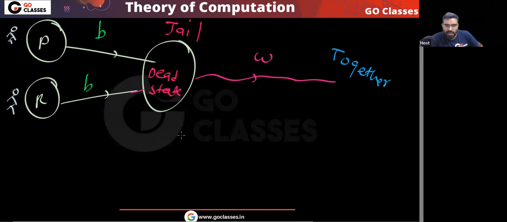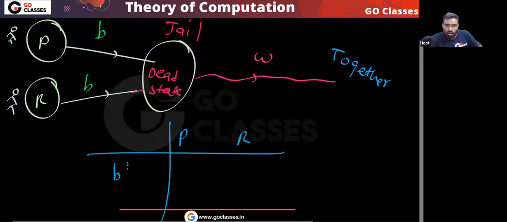So this state P, this state R, on this type of strings, again they will be together, either final or non-final. But the point is they will be together.